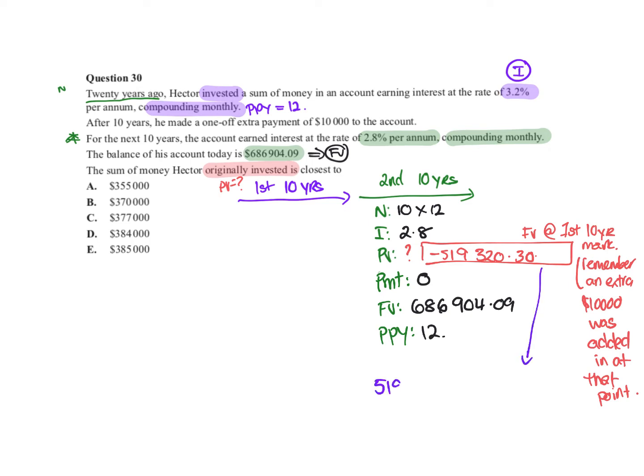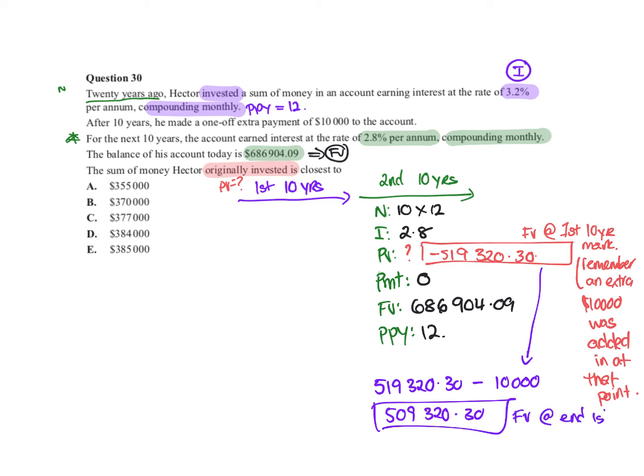So I've got 519,320.30, and I'm now going to minus that 10,000, and then we would have 509,320.30. This is the final value at the end of the first 10 years.